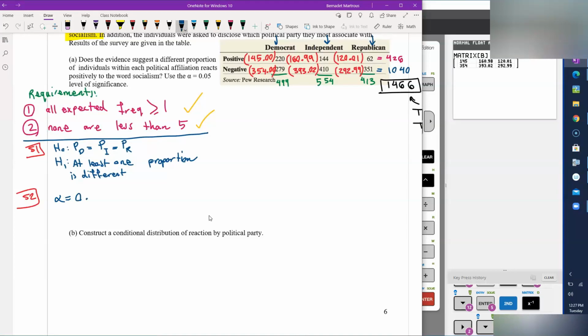Here alpha is given as 5%. Step 3 and 4, these are combined. And our answer was chi-square.